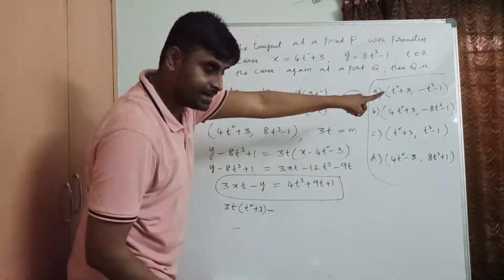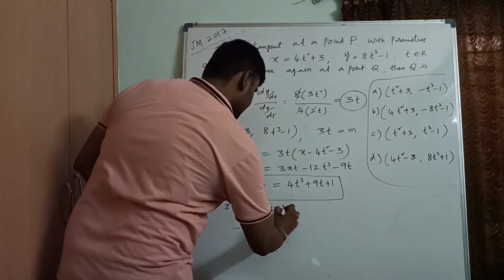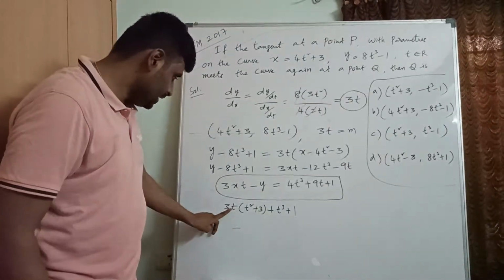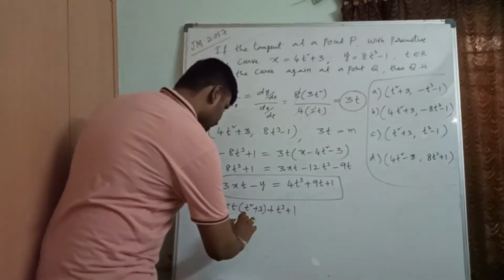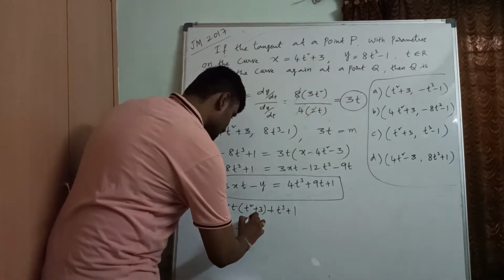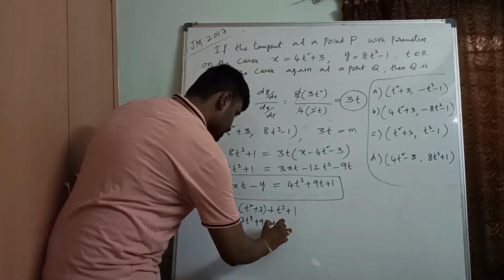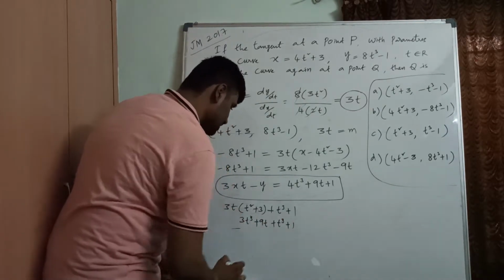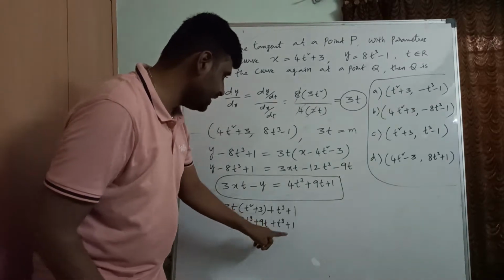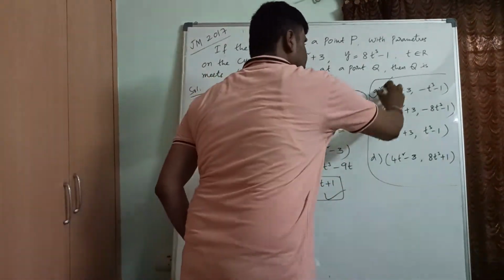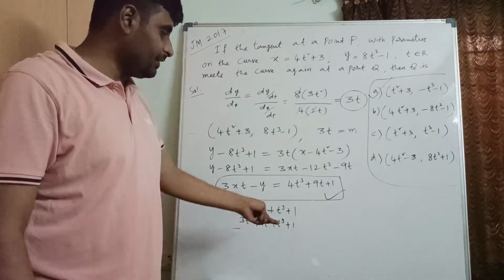Already y is negative, so plus t cube plus 1. That's it. 3t into t square is 3t cube, plus 9t, plus t cube, plus 1. See here, 4t cube plus 9t plus 1. Correct. So option A is correct. That's it, just by verifying the option.